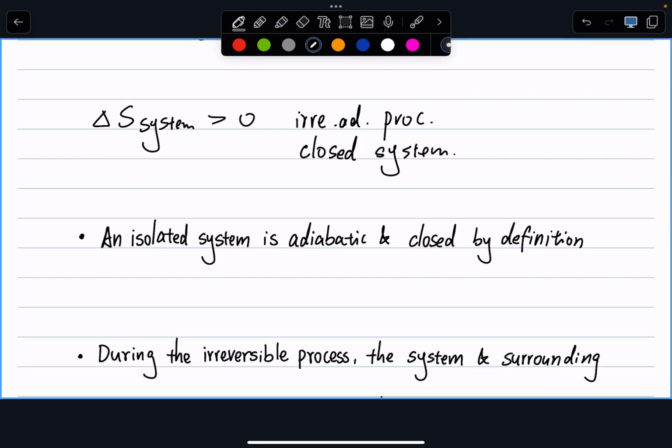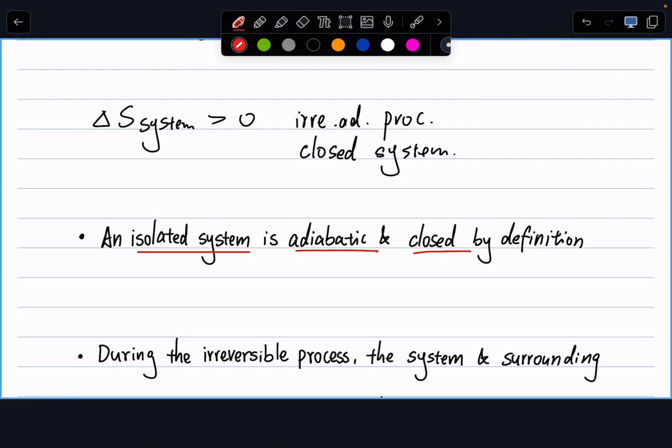And taking this one step further, to move it from a random adiabatic process in a closed system, what exactly is an isolated system? If we think about the definition, an isolated system doesn't transfer heat with the surrounding, so it's adiabatic. It doesn't transfer matter with the surrounding, so it's closed.